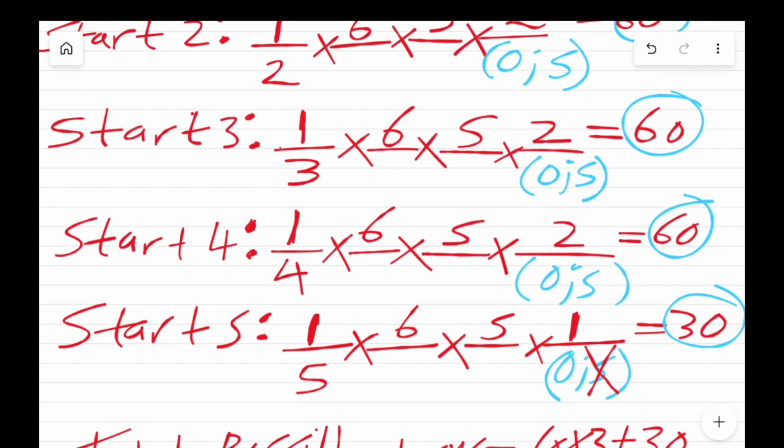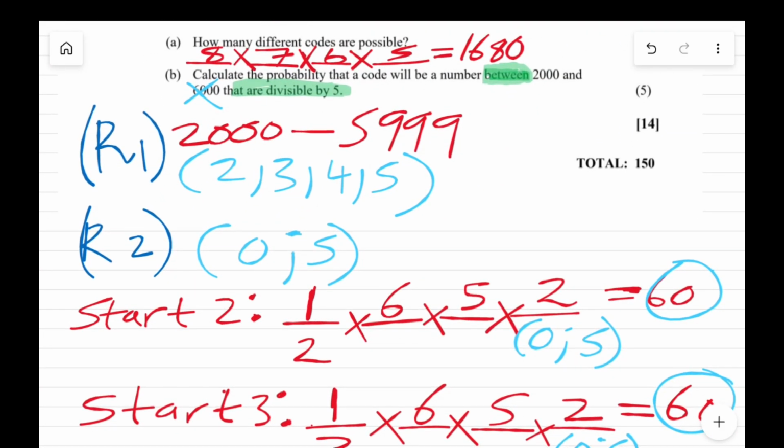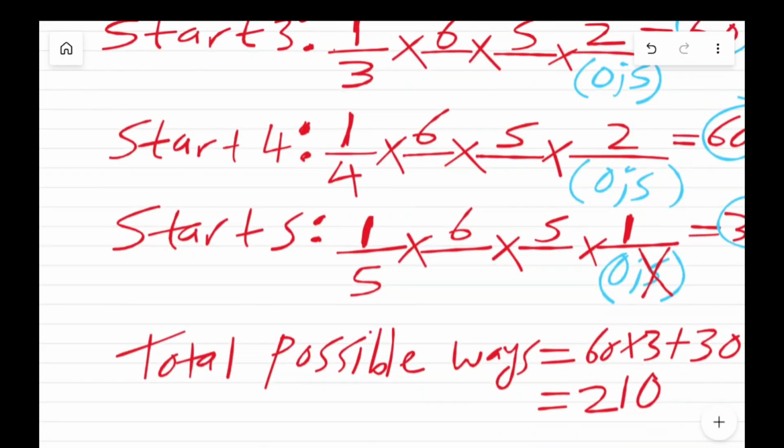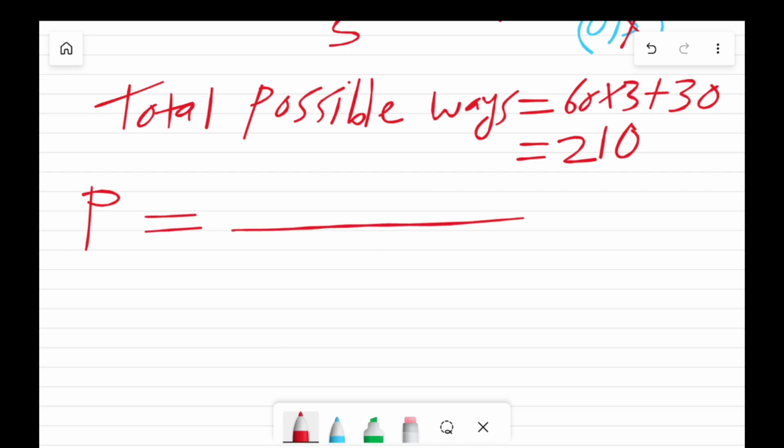But the question said they want the probability. So they said calculate the probability that a code will be a number between 2000 and 6000 and that is divisible by a 5. And because they are looking for probability, probability is going to be the total number of possible ways, which is 210, the number that we just got now, divided by the sample space.